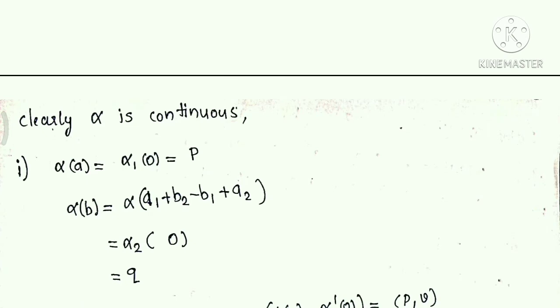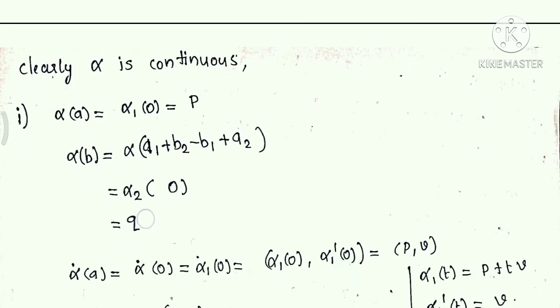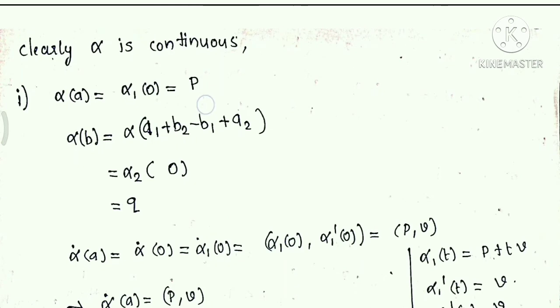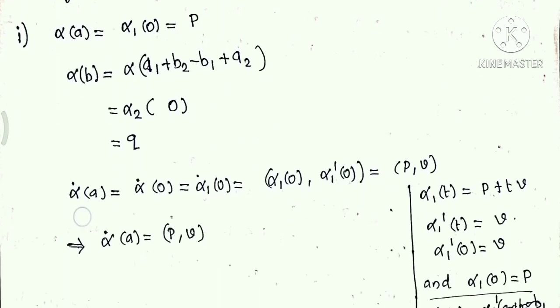So here it is equal to alpha 2 of A1 plus B2 minus B1 plus A2 minus A1 plus B2 minus B1 plus A2, and it is equal to alpha 2 of 0. It is equal to Q. So for this function, alpha of A is equal to P and alpha of B is equal to Q.